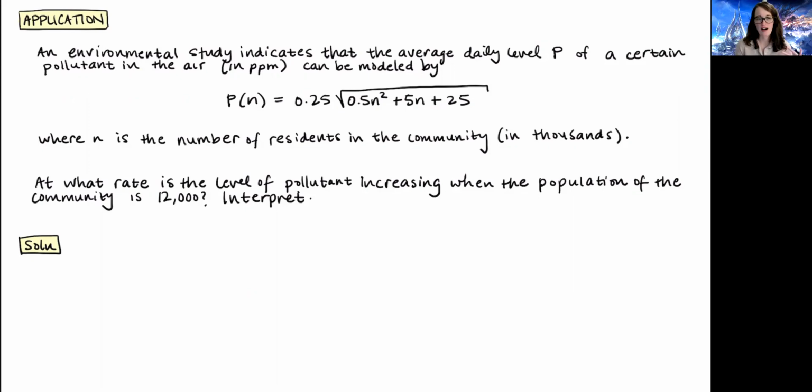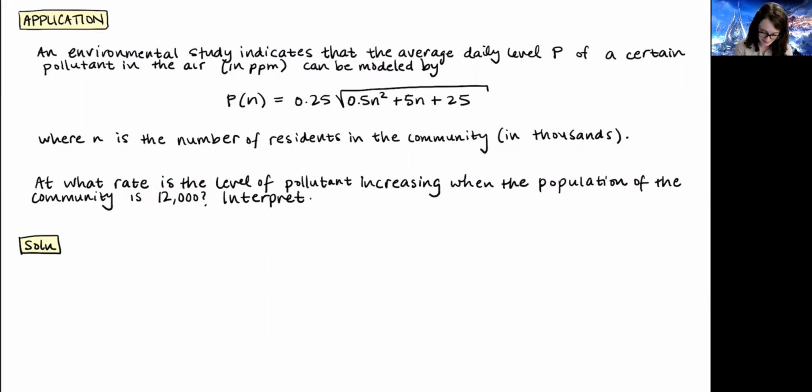So whenever we are considering a rate of change, anything changing over time, especially an instantaneous rate of change, or a rate of change at one single value, in other words, in this case, at 12,000 exactly, that is found by finding a derivative.